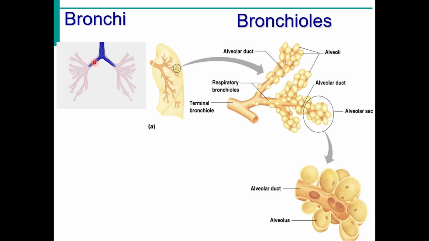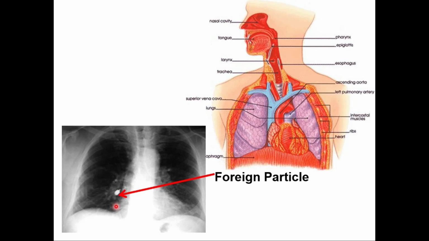The right main bronchus has a more vertical course than its left counterpart and is also wider and shorter. This makes the right bronchus more susceptible to foreign body impaction. So if any foreign particle enters the respiratory system, it would be found in the right lung, as we can see here.